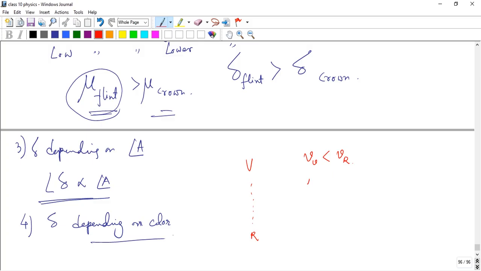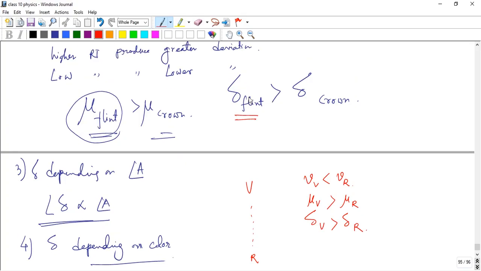So the refractive index mu of violet is greater than mu of red. Mu more means delta more. So delta of violet is more than delta of red.